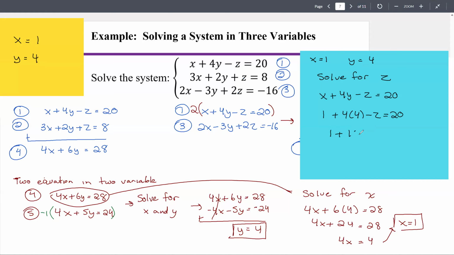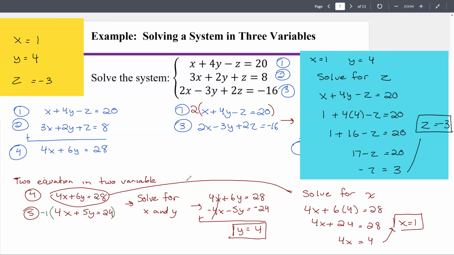So this is 1 plus 8 minus z equals 20. Which is going to be 9 minus z equals 20, which means minus z is going to equal 11, so z is going to be equal to minus 11. Okay, and like I said, I had already pre-checked all these. So x should be 1, y should be 4, and z should be negative 3.